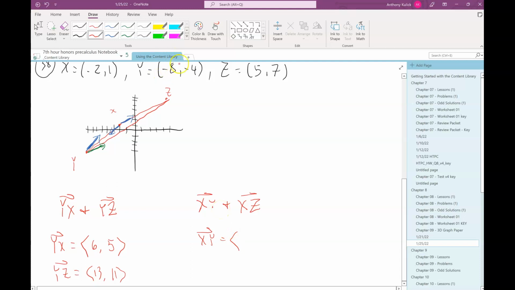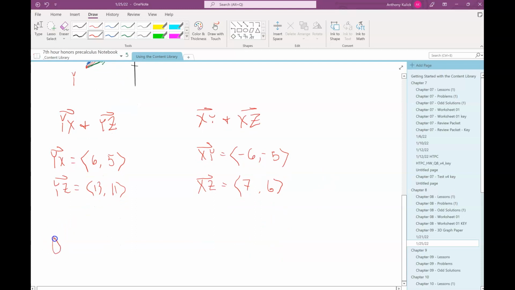For XY, head negative 8 minus negative 2, so that's negative 6. And negative 4 minus 1, so that's negative 5. You could have also observed that YX and XY are just opposite direction vectors, so you could have just flipped the signs. That's okay, though. For Z, head minus tail, so 5 minus negative 2 is 7. And then 7 minus 1 is 6.